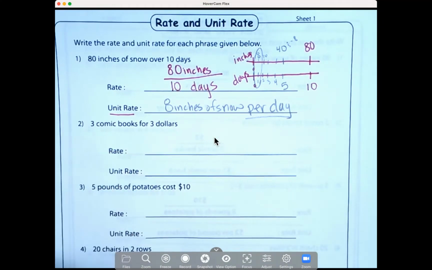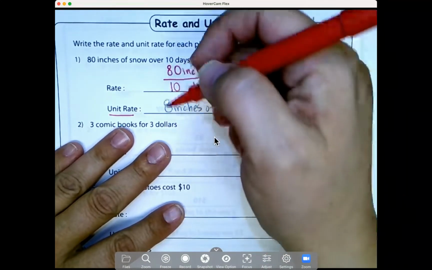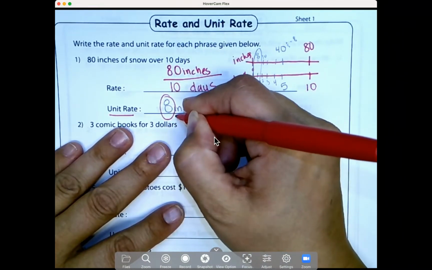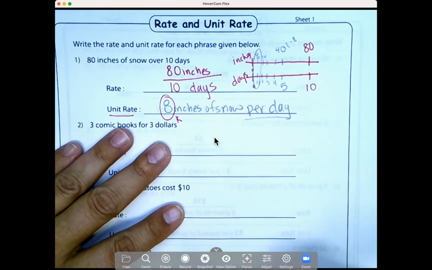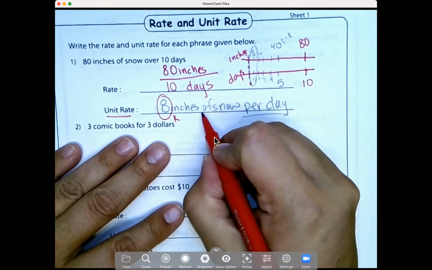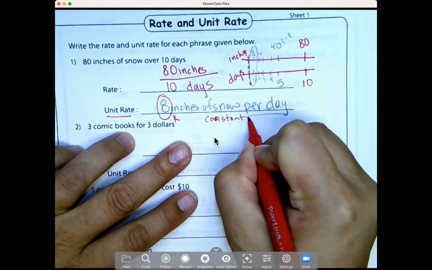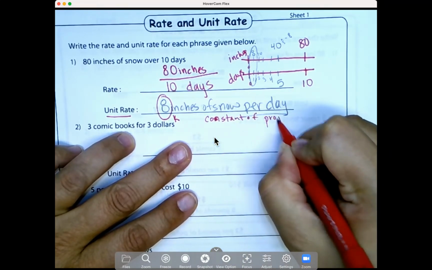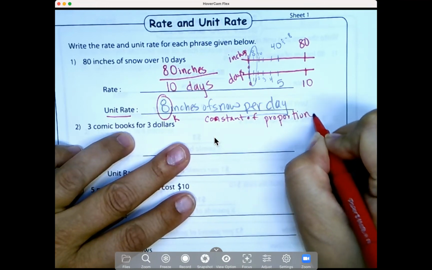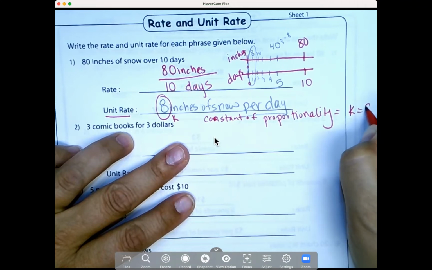Now, when we add in the constant of proportionality equation, this unit rate is the k value. The per one is going to be your constant of proportionality. It's going to be k equals 8.